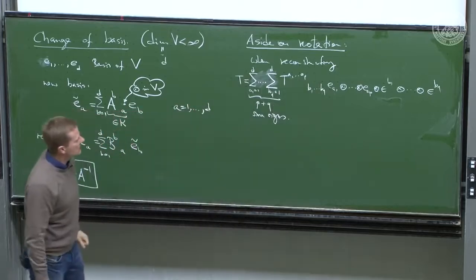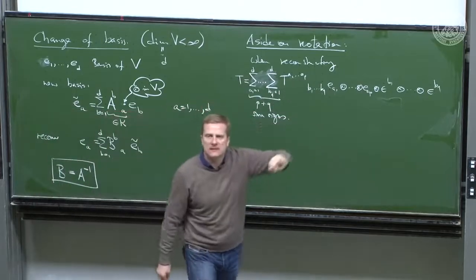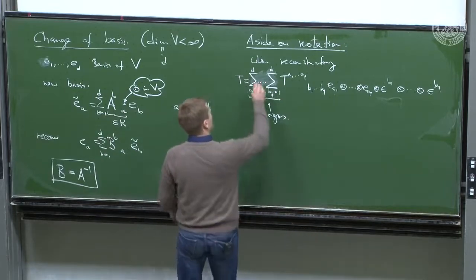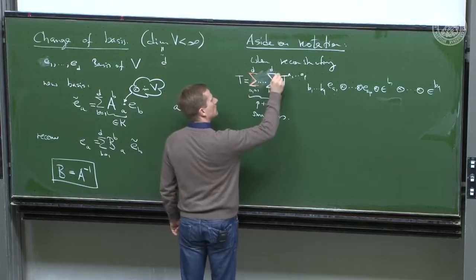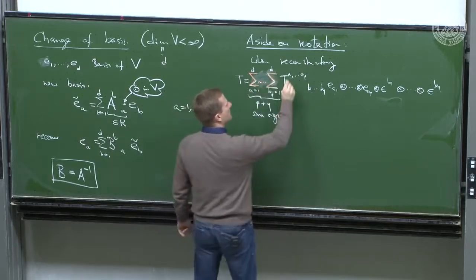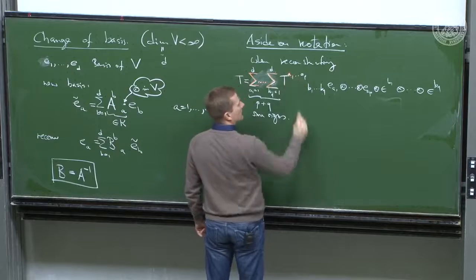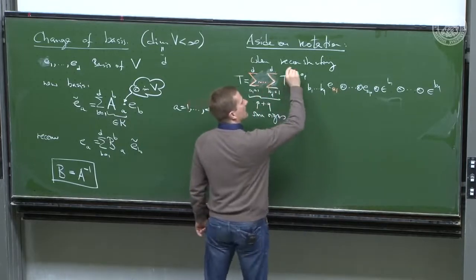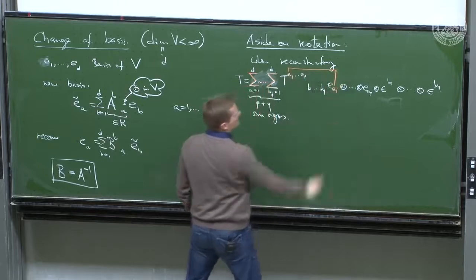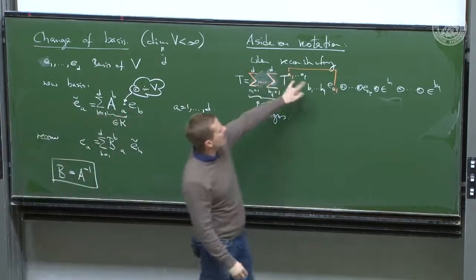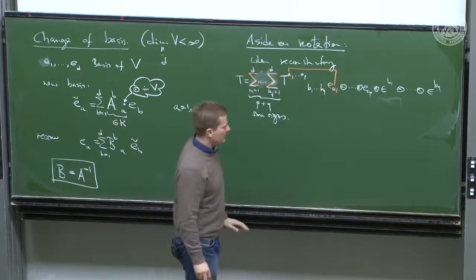This is the expansion, and I forgot to write down the sum signs on the previous blackboard. I forgot them because it's convention to forget them. We do not write them in the future because every time there is an up index and a down index, there will be the understanding, unless something else is explicitly said, that they are being summed over. So whenever you see an up-down pair, you sum over it.